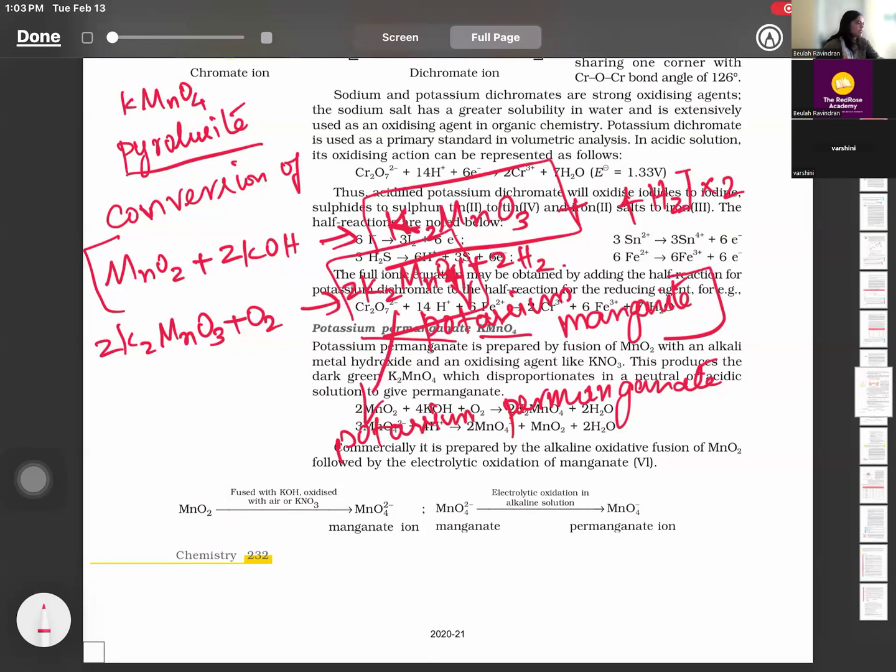Okay. So that conversion of potassium manganate to permanganate involves a lot of chemical methods. In your book only the electrolysis process is given. There are two methods. One is the normal chemical method. Another one is the electrolytic method. Okay. Shall we discuss that?